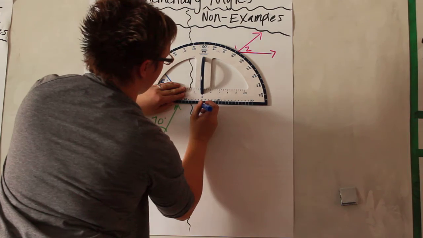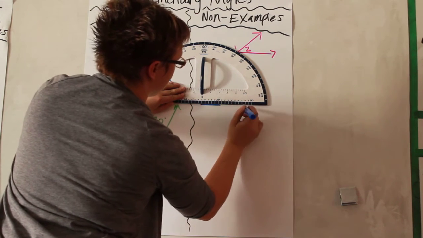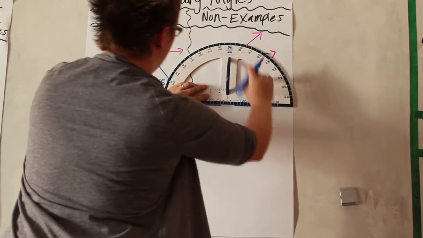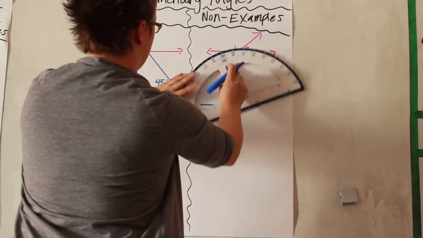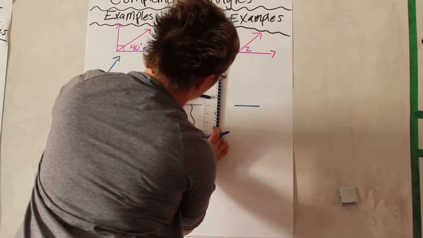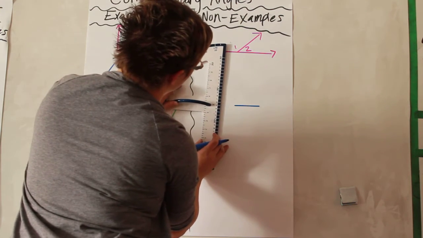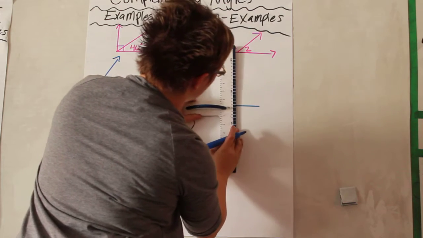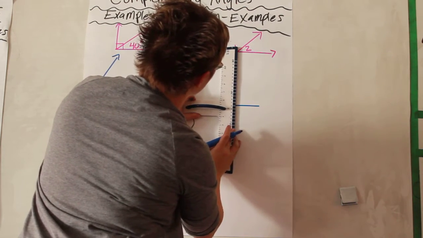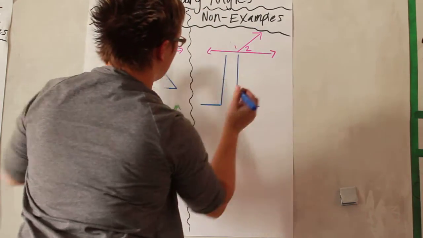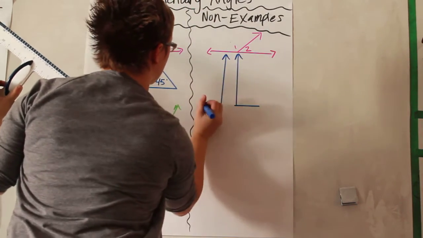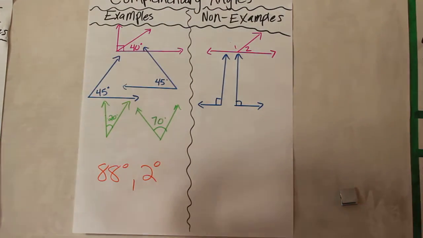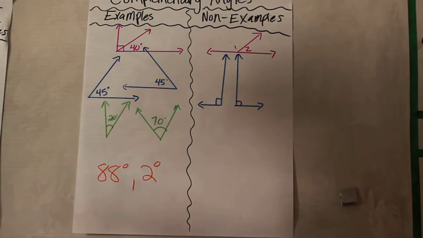So I'm going to line this up, connect it, and connect it. Two 90-degree angles. The sum of those is 180 degrees.